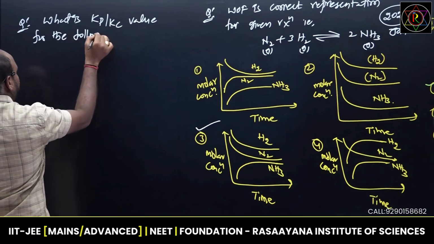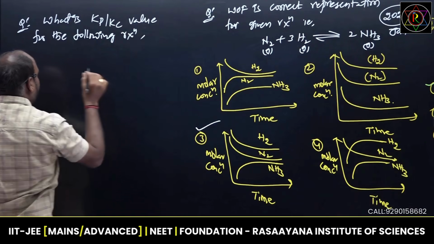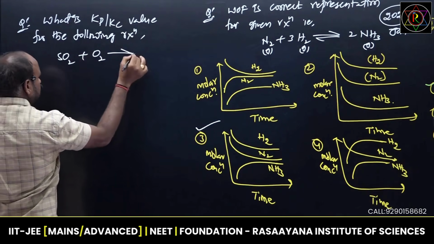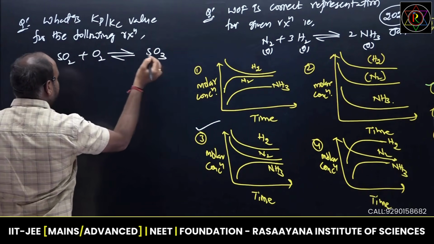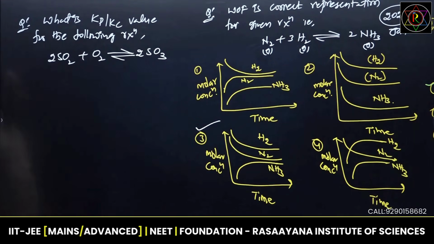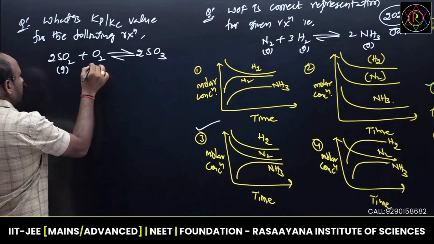following reaction? That is sulfur dioxide plus oxygen in equilibrium with sulfur trioxide: 2 moles of SO2 plus 1 mole of oxygen gives 2 moles of sulfur trioxide. All are gases.